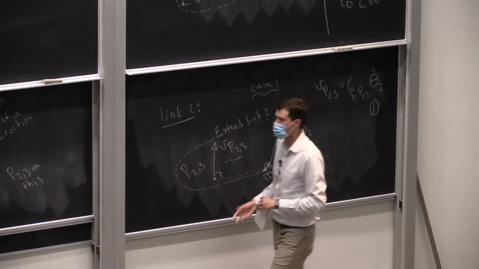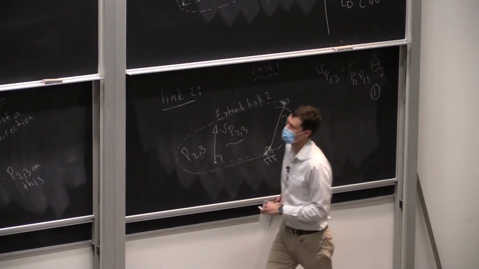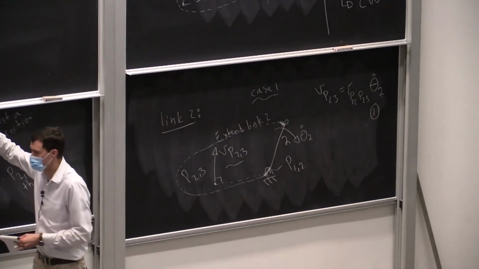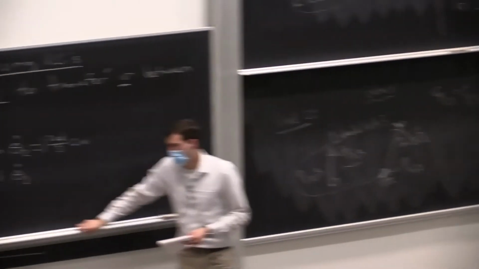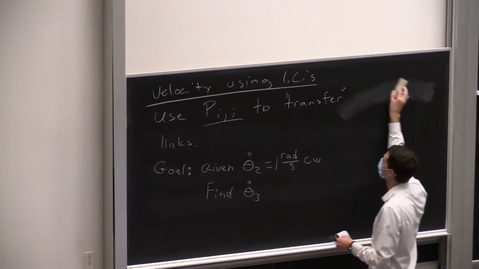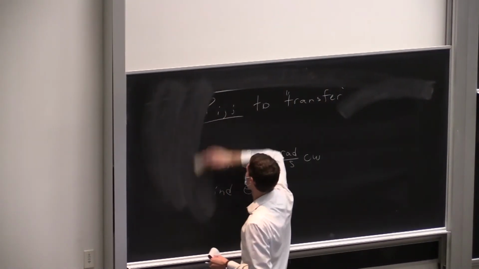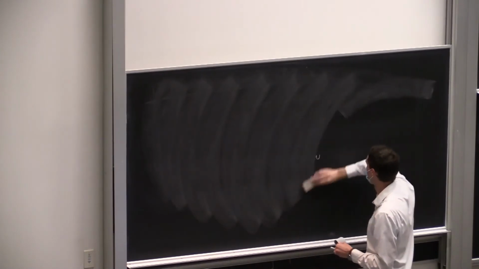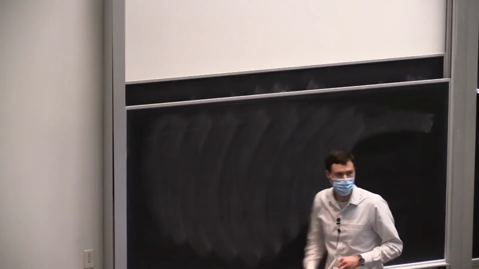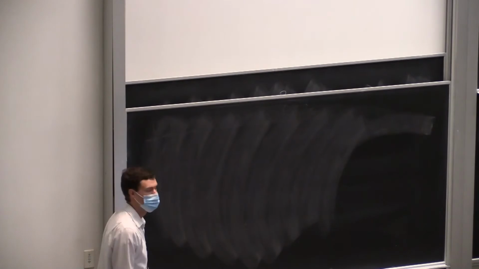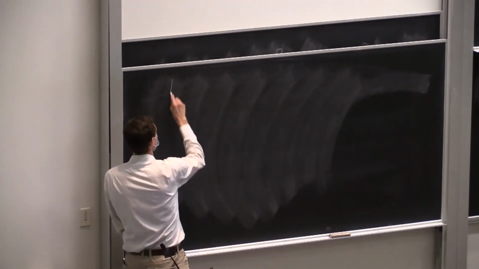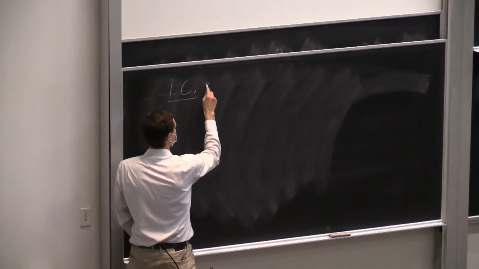Okay, so let's write a general version of this process that we did. We were talking about links 2 and 3. So this is your headline equation that you can use for velocity analysis using instance centers.